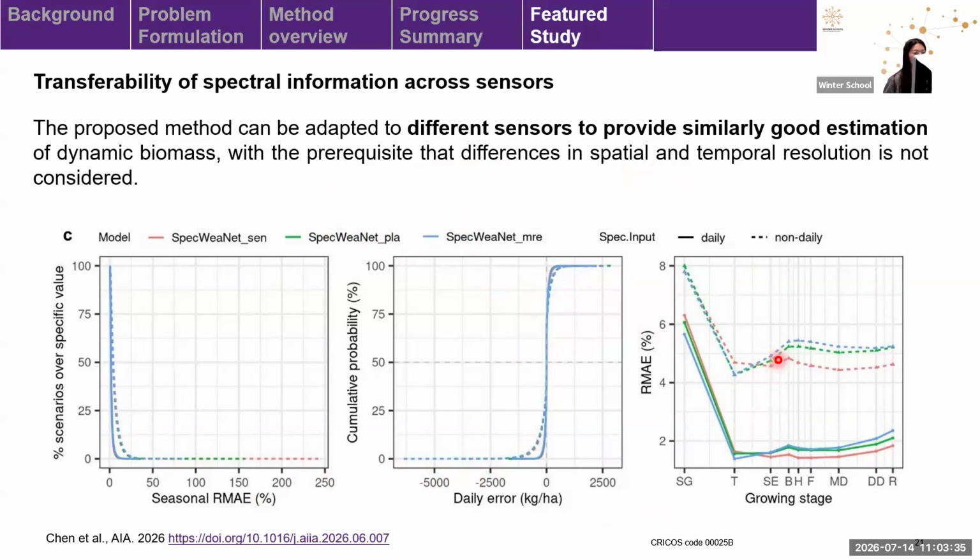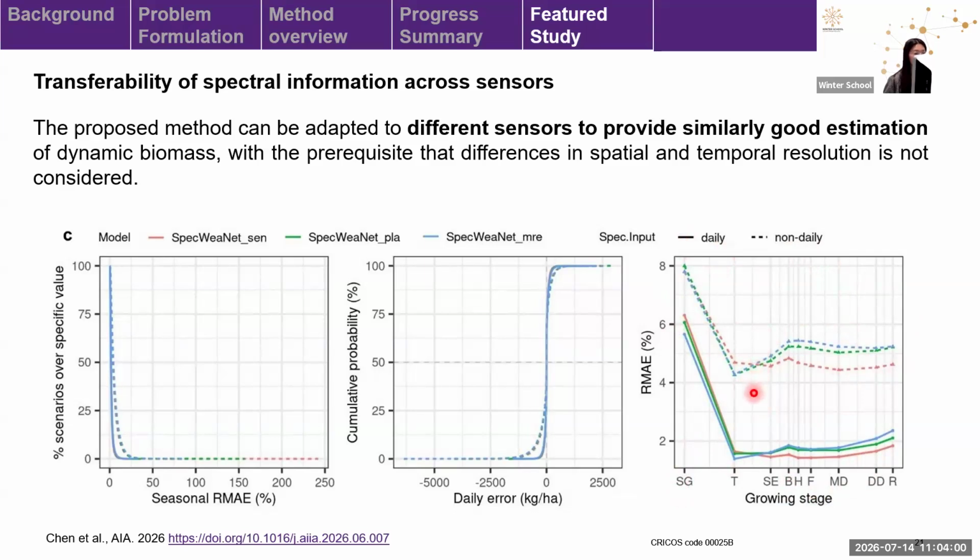And after that, because the real spectral observation is discontinuous, we compare the performance when we input the daily spectral data and input non-daily spectral data. You can see there's a reduction if we reduce the availability of spectral data.